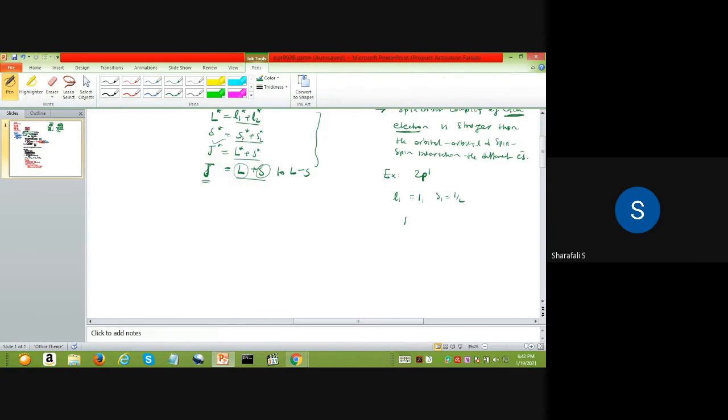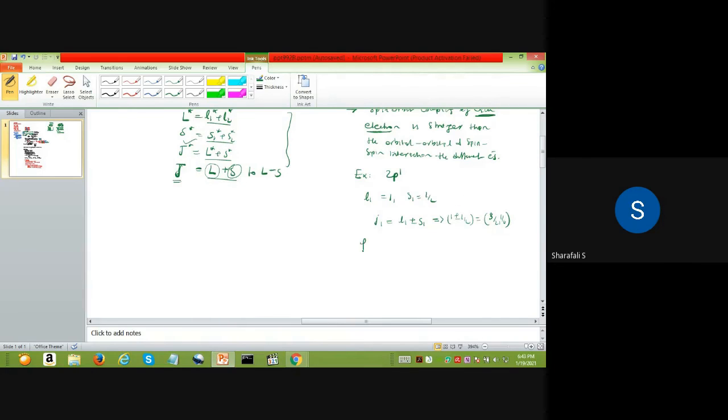So J1 will be equal to L1 plus or minus S1. That will give me 1 plus or minus half, which is 3 by 2 and 1 by 2.